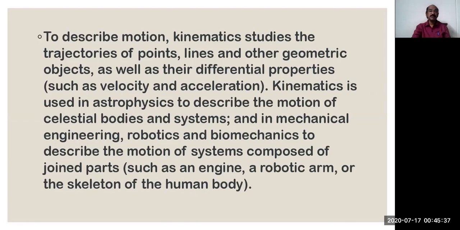Whereas a similar term is displacement. When the body travels in a particular direction, the line joining the successive positions of the body from the starting point to the end point is called displacement.